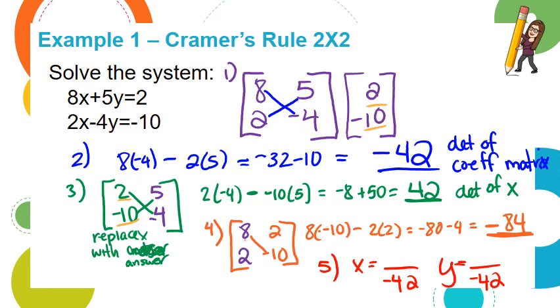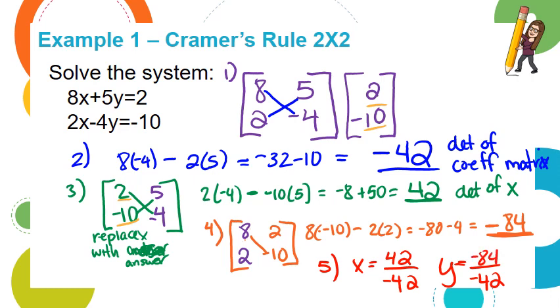All right. Now for x, I want to take the value from when we were replacing x with the answers. So when we dealt with the x column. And then for y's, when I dealt with the y column, I want to use the determinant that we found there.